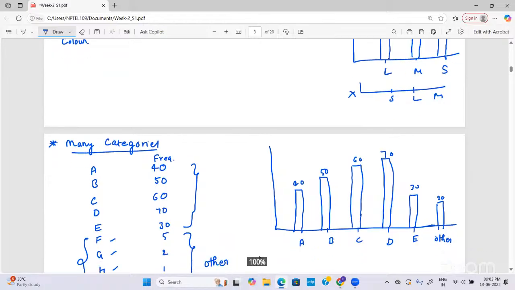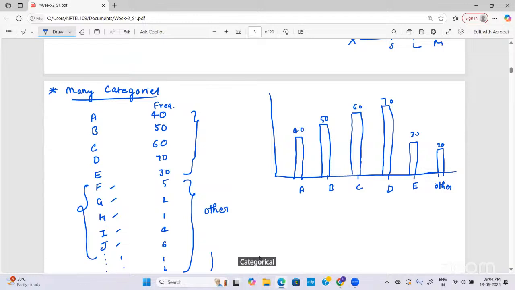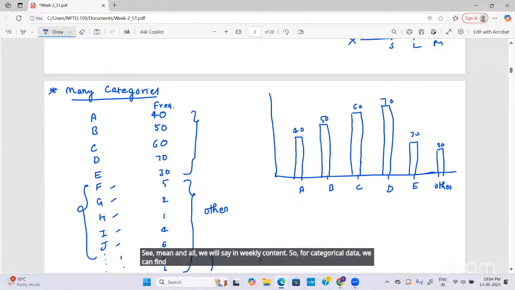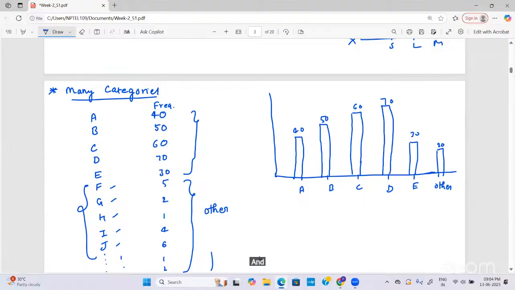See, for categorical data, we cannot find the mean. Mean and all we will study in week 3 content. For categorical data, we can find only mode and median, and median can only be found for ordinal data and not for nominal data.